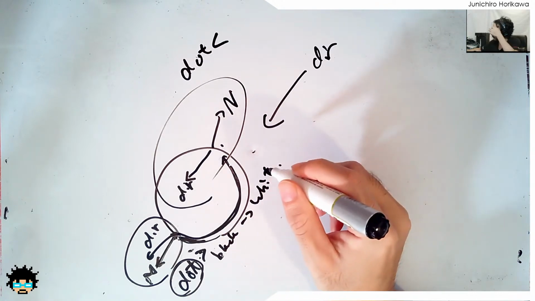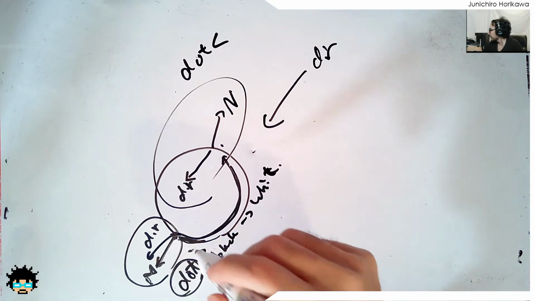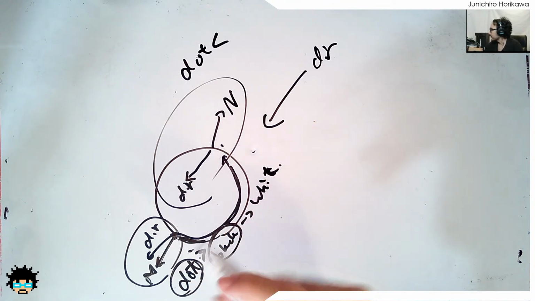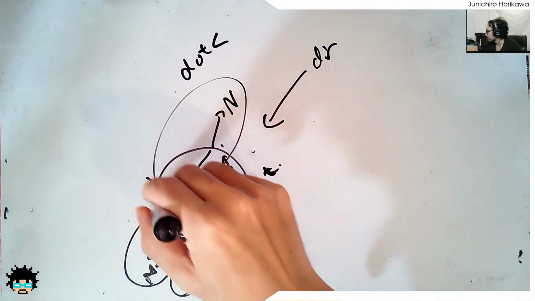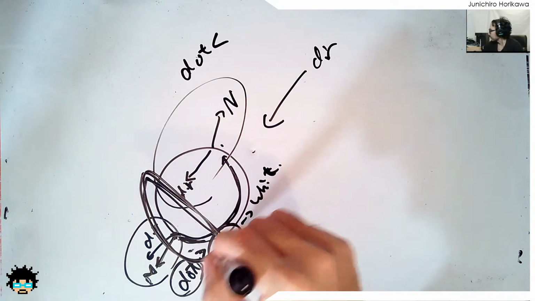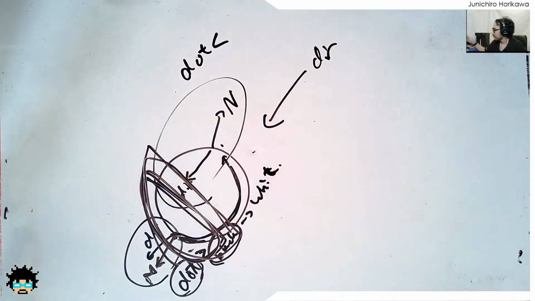All right, but I want to set some limit where this black part covers more of the geometry, like right here, or half of the geometry.